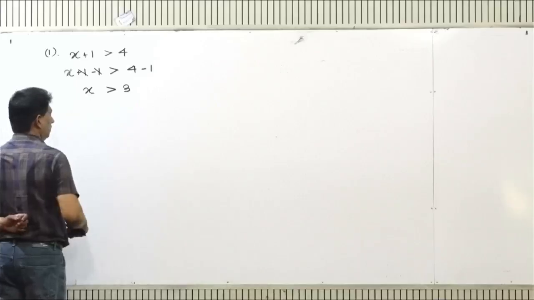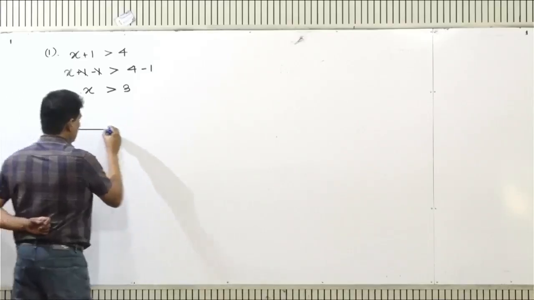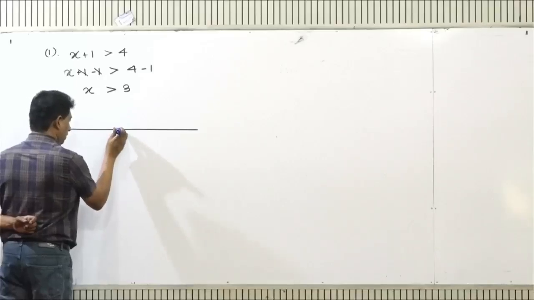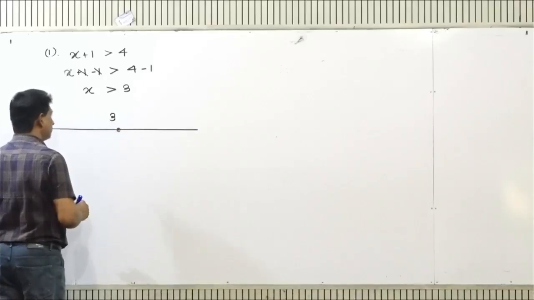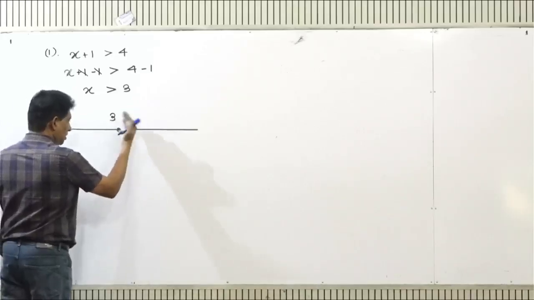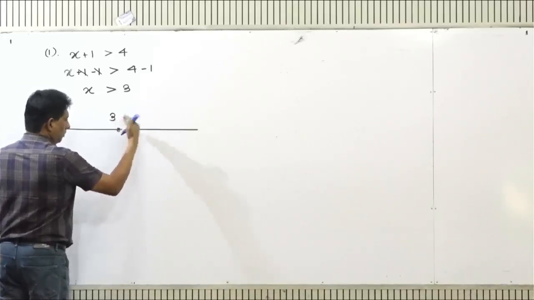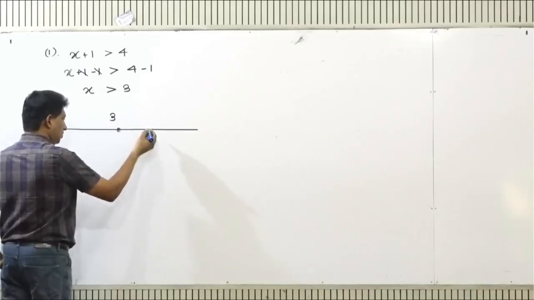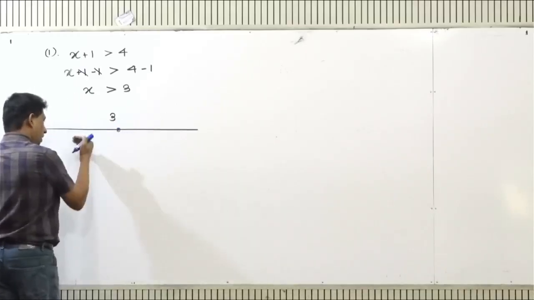If we mark this solution on the real number line, we mark the point and draw a small circle around that point and put 3 here. This is positive 3, no? The right hand side of this point on the number line has numbers greater than 3, and the left side has numbers less than 3.